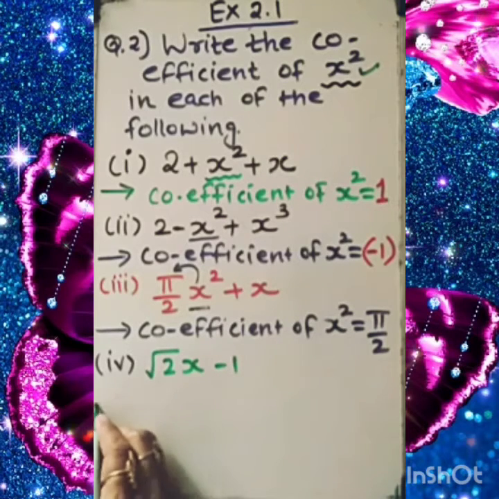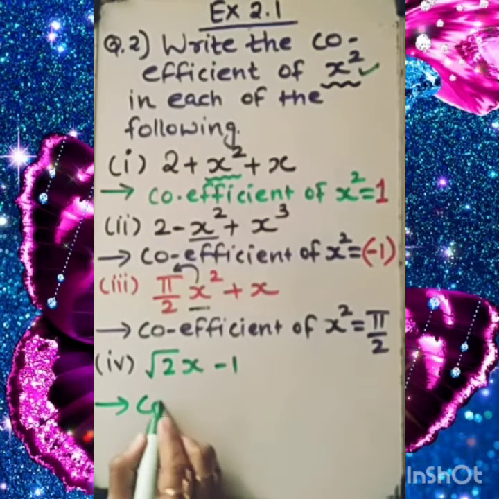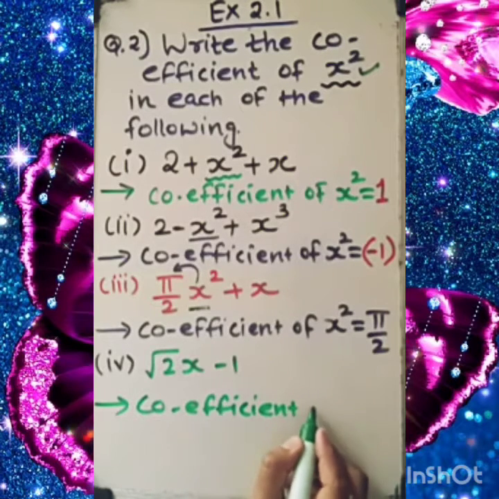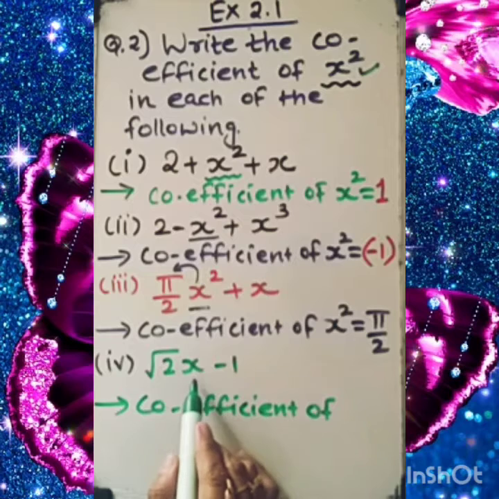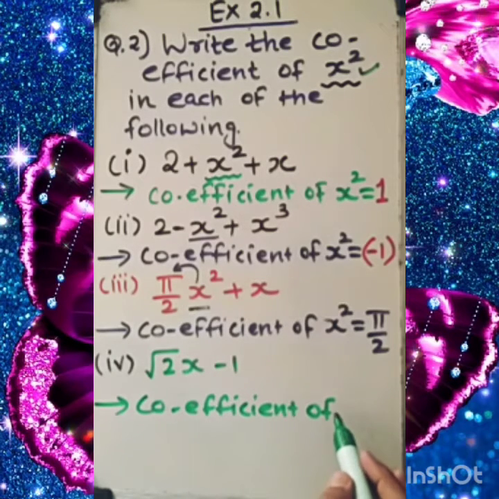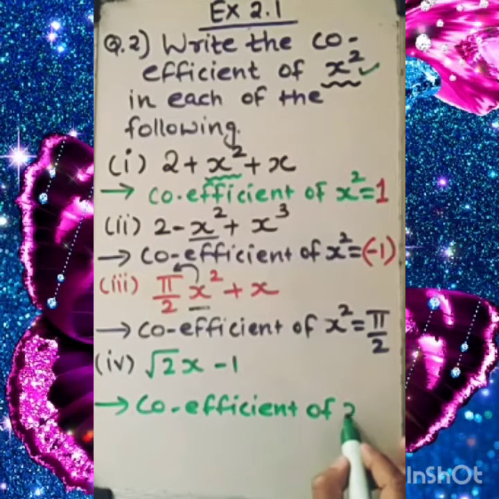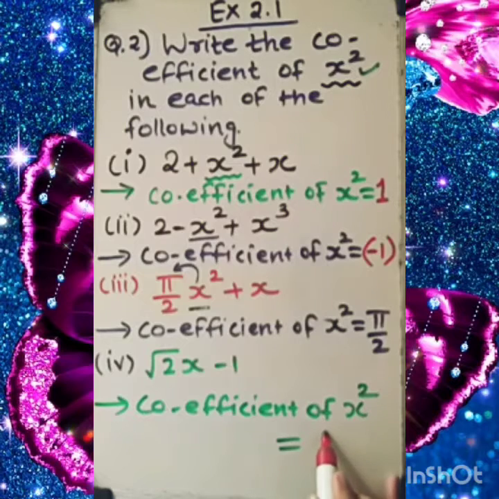We need to mention the coefficient of x square. You can see the x square term is not present in this. There isn't any x square term, so the coefficient of this we can say is 0. Because no x square term lies in the given polynomial. So this is the complete solution of this question.